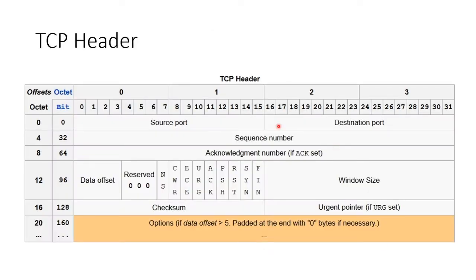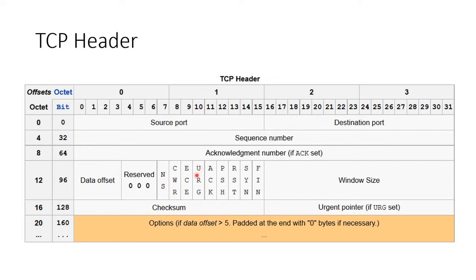TCP header. Now, you don't need to memorize this, but you need to recognize some important things about this. So what does a TCP header have? The source port, the destination port, the sequence number, the acknowledgement number, and it has these flags. So the important flags for us are the SYN flag, meaning I want to start a session, the ACK flag, meaning I acknowledge something from you, the FIN flag, meaning I'm done now, thank you very much, and then push and urgent.